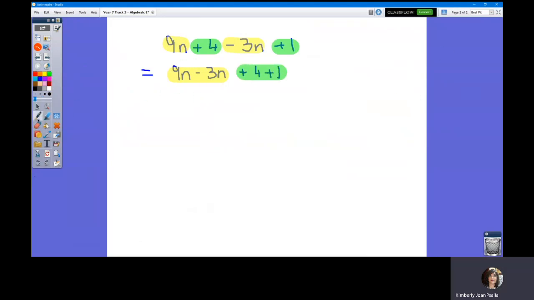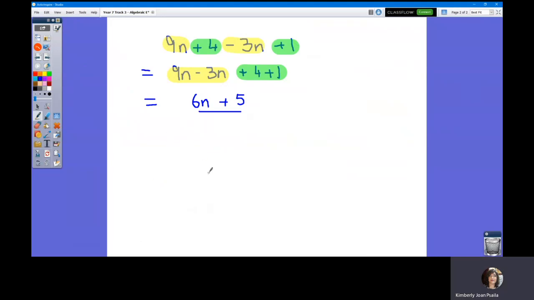I didn't change my expression, however, I reordered my terms. Now, the last step is that we need to simplify. So if I have 9n minus 3n, that gives us 6n, plus 4 plus 1 gives us plus 5. And there you should have your final simplified answer.